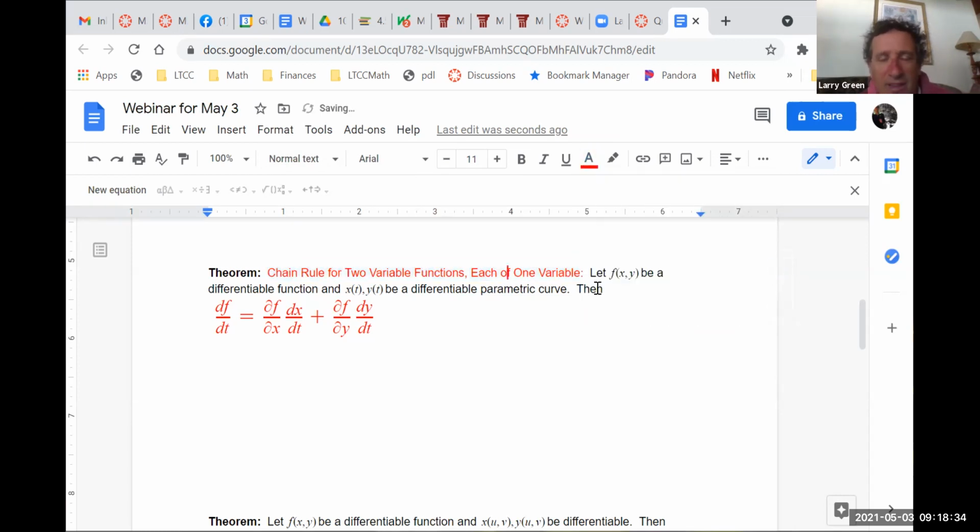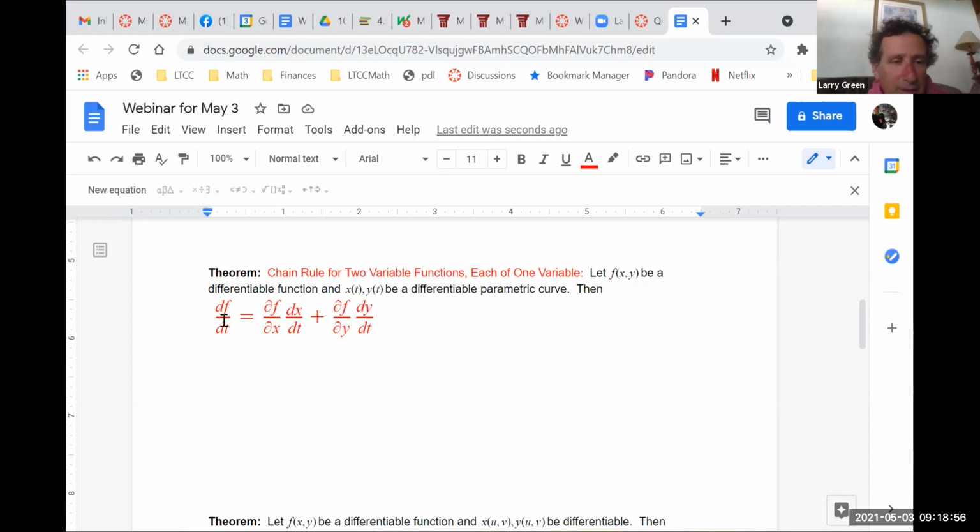And what it says is let f of x, y be a differentiable function and x of t, y of t be a differentiable parametric curve. Now if you plug in x of t and y of t into f, f becomes a function of one variable, the function of t.